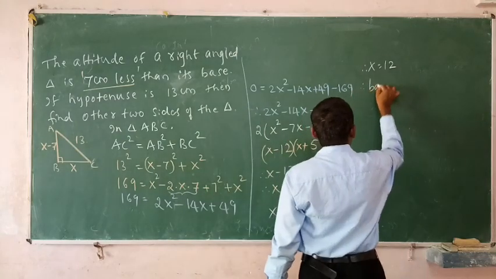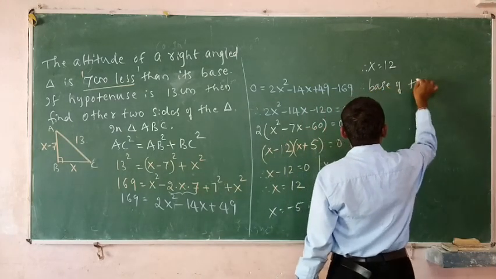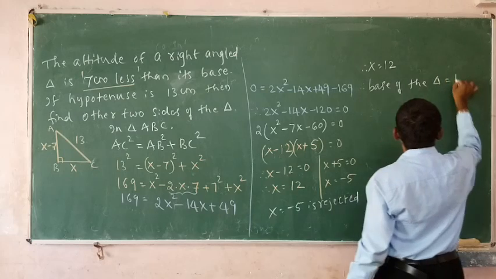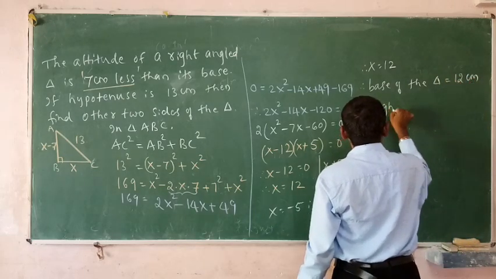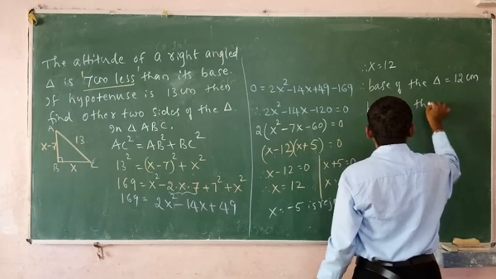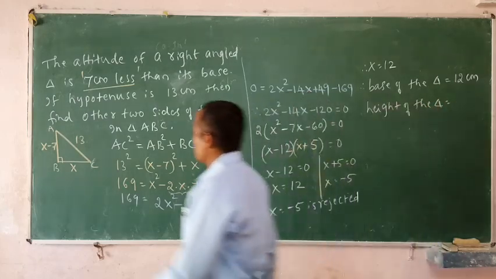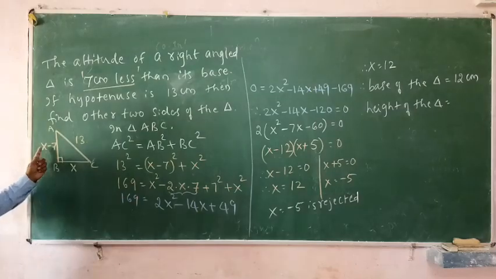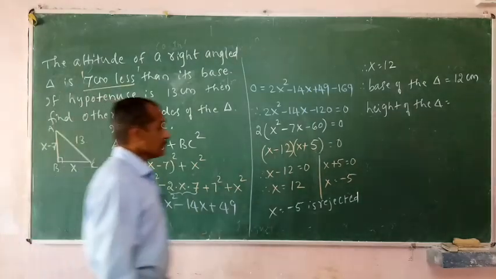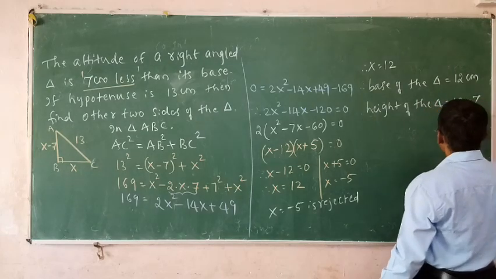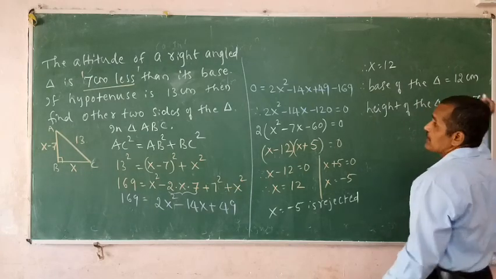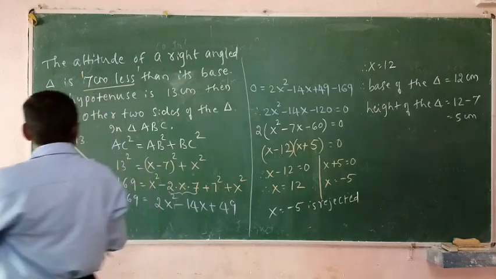Therefore, base of the triangle is equals to 12 centimeters, and height of the triangle is equals to how much? Height of the triangle is x minus 7, that means 12 minus 7 is equals to 5 centimeter is the answer.